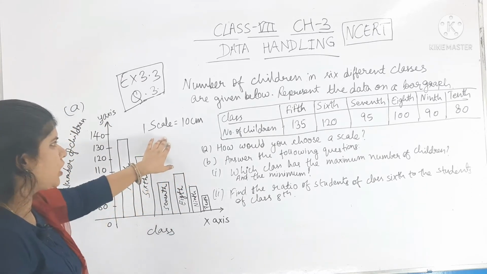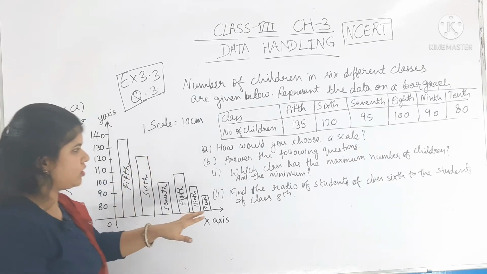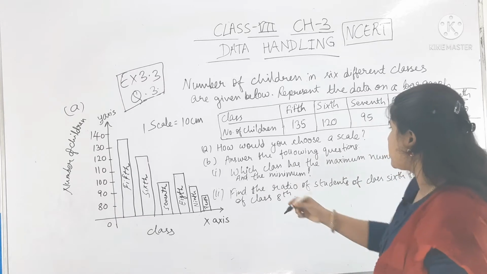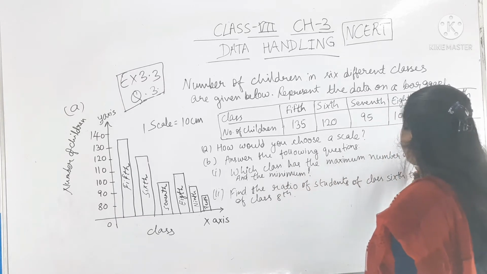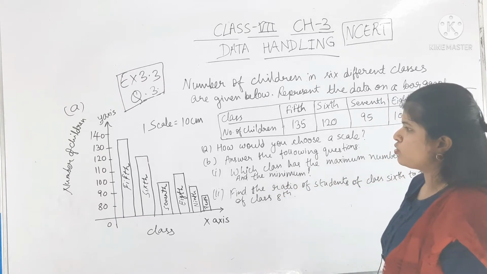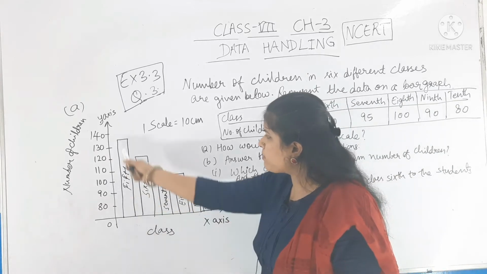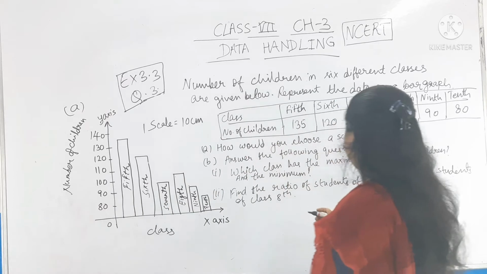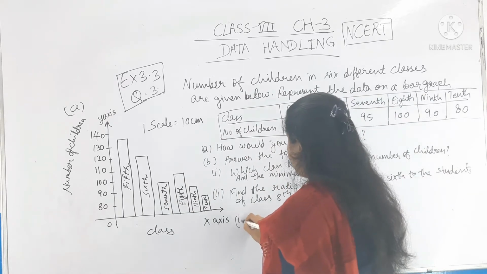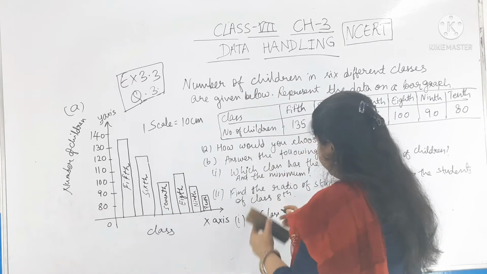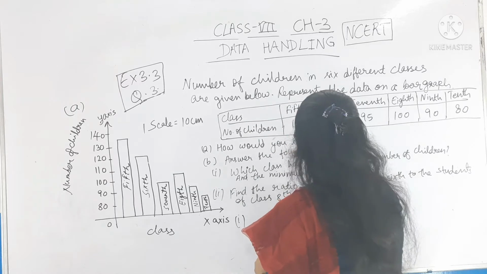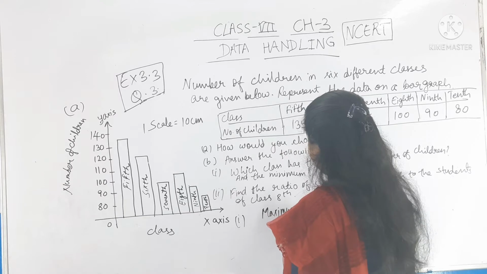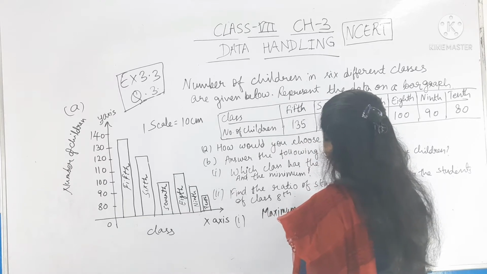So we have taken one scale equal to 10 centimeter. Now come to part B. We have to answer the following questions. Which class has the maximum number of children and the minimum? You can see maximum is 135 here, so it is class 5th. So first part, maximum number of children.